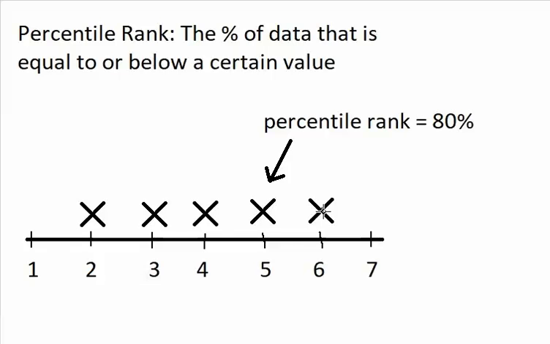All you have to do to get the 80% is take 4, divide by 5, and you get 0.8, and 0.8 times 100 equals 80%. So yeah, 80% of this data set is 5 or lower, and only 20% is above 5.